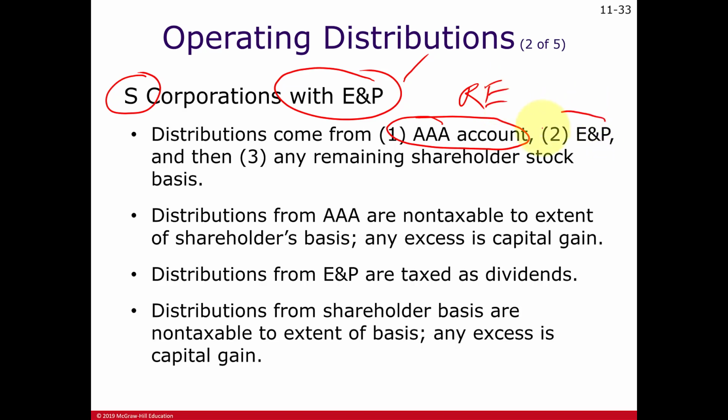And here's the retained earnings while you were a C-type corporation that carried over from your previous C-type life. Okay, so again, this is from the S and this is from the C. And both you can kind of consider to be earnings and profits or retained earnings of the corporation.